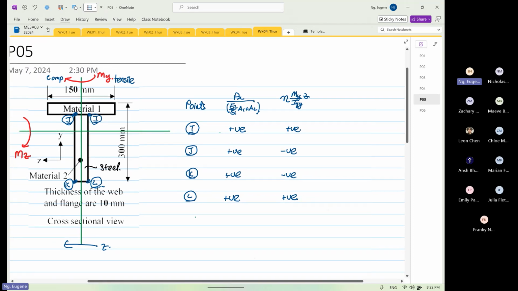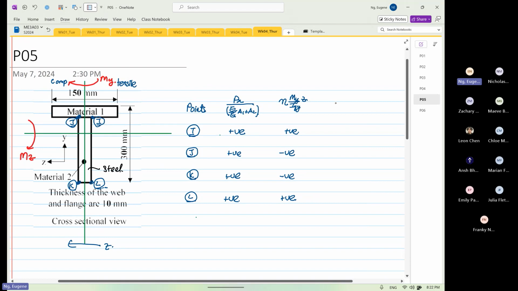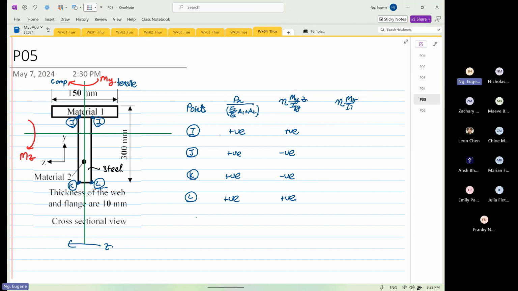Let me elaborate. Okay, so you have Mz over Izz multiplied by Y. If you look at I now, over here you have tensile. And now we have compression. Okay. So I and J will be in tensile.